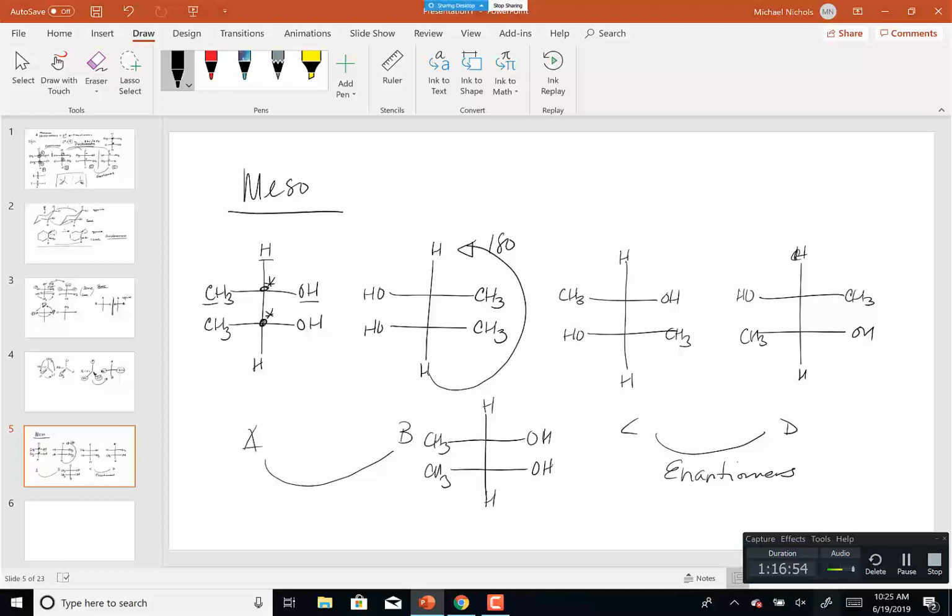So if I make a 180 degree rotation, I'm going to make this molecule, and what is that? It's the same as A. It's superimposable on A. So A and B are not enantiomers. They are the same.